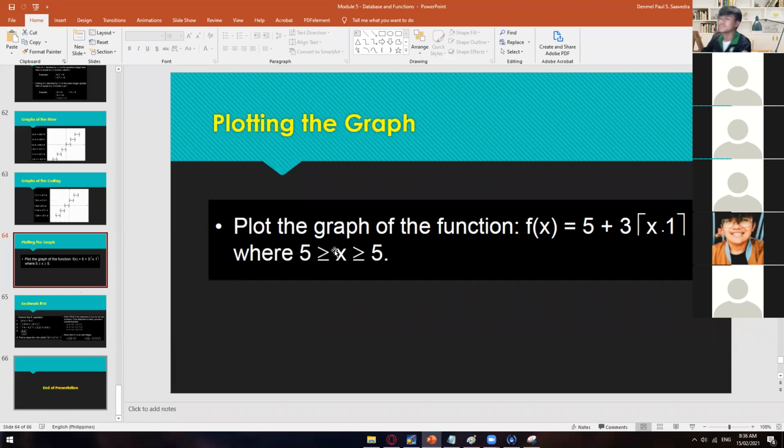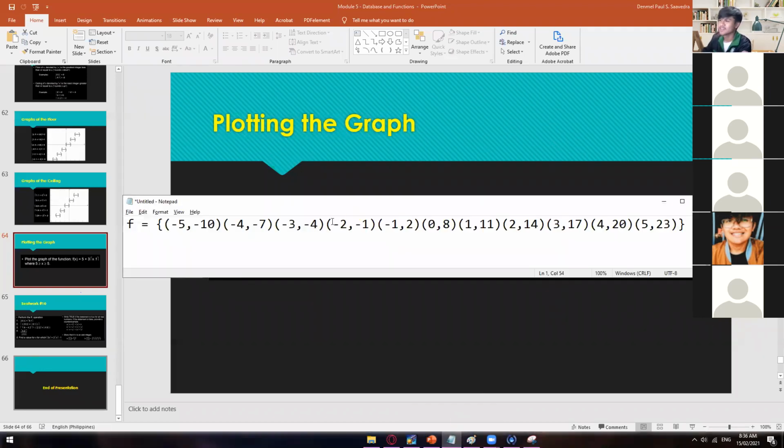So this one is incorrect. Okay, my bad. So there is a correction on that one. This one should be -5 less than or equal to x, less than or equal to +5.